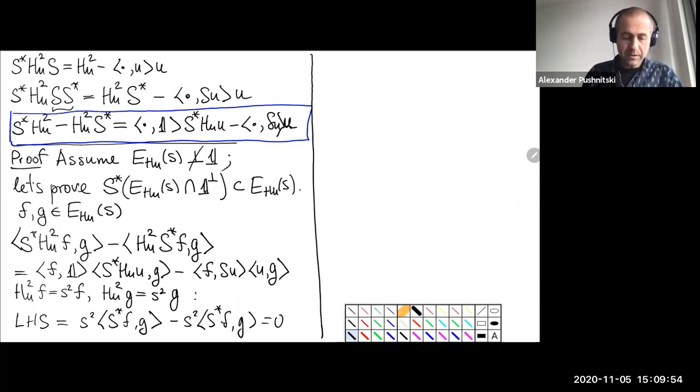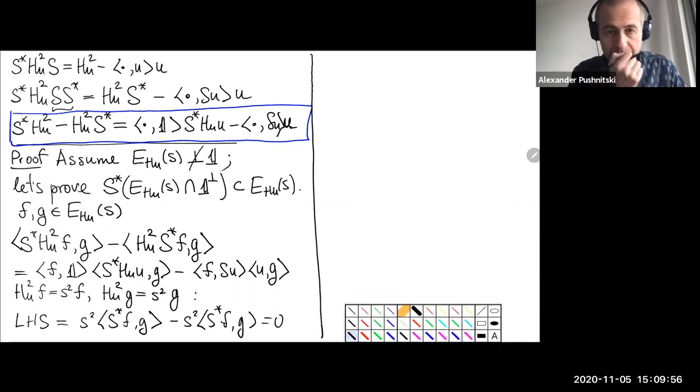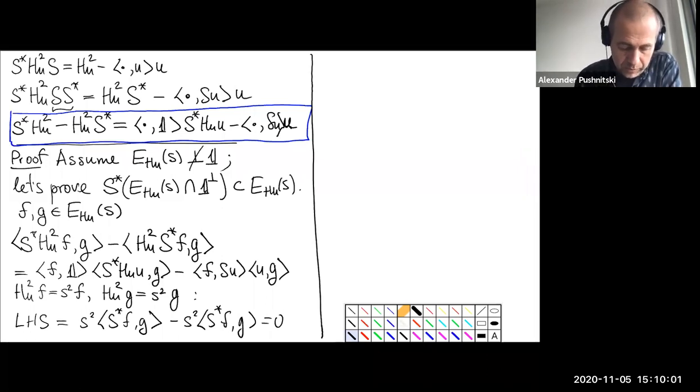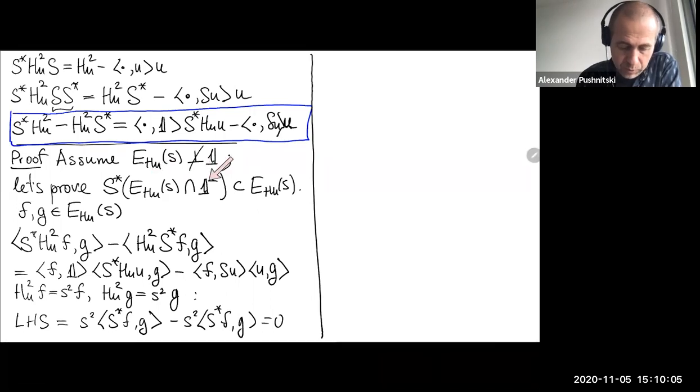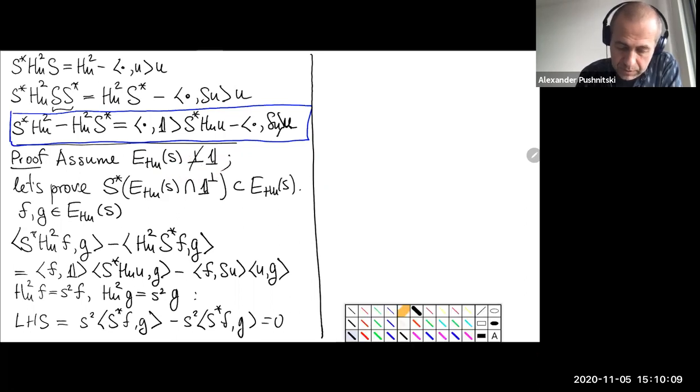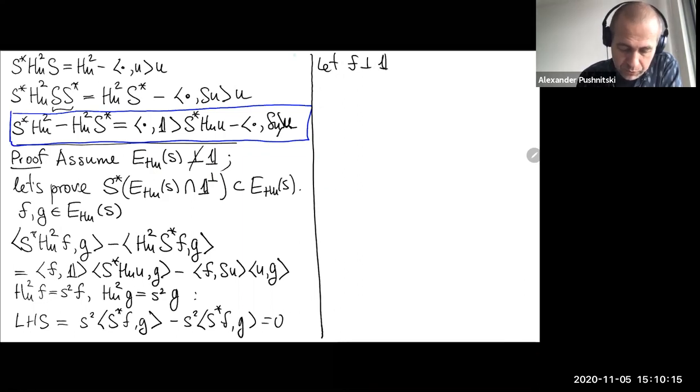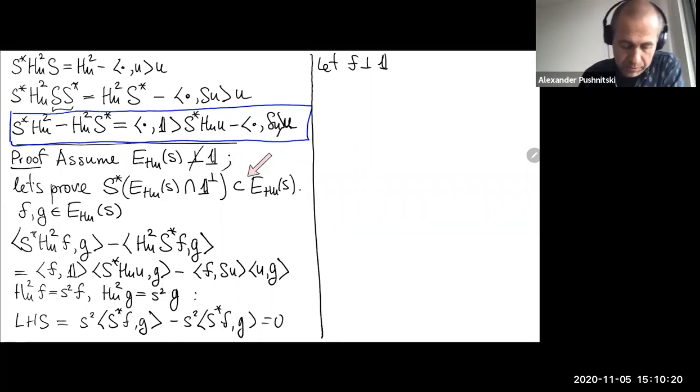So that means that my right-hand side is 0. Okay, so now imagine that f is orthogonal to 1, right? So let f be orthogonal to 1. So I am sort of getting to the proof of this inclusion of the nearly S star invariance. Then this term disappears.